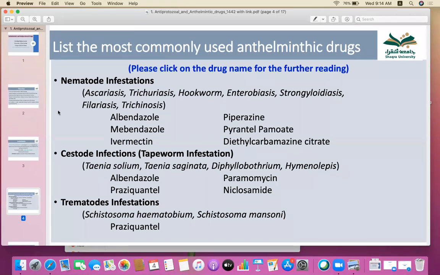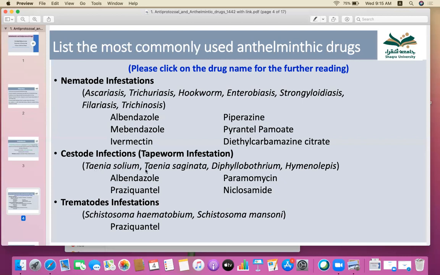These are the drugs used in the management of nematode infections, and nematode infection includes ascariasis, trichuriasis, hookworm, enterobiasis, strongyloidiasis, filariasis, trichinosis.